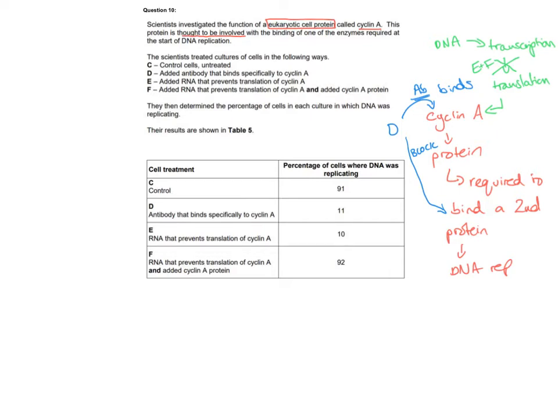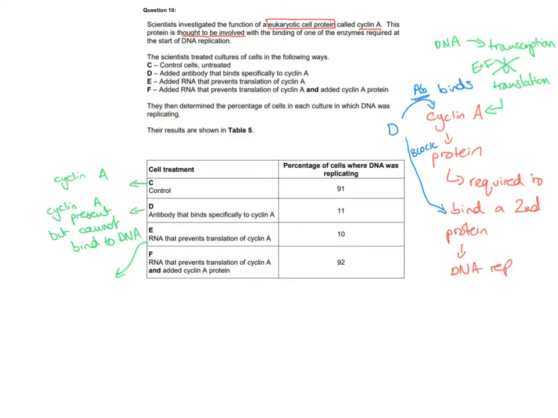So going through here, we're saying in the control, cyclin A is present in whatever its normal amounts are. We don't know what those are. In D, cyclin A is present, but cannot bind to DNA because it's bound to an antibody.